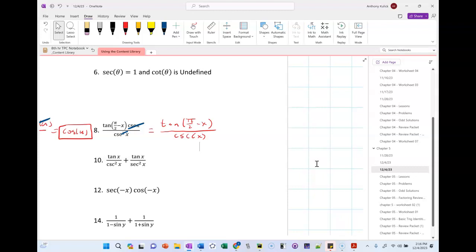So when I see a pi over 2 minus x, I'm going to start looking at the co-function identities, because that's going to allow me to replace that with just an x. So if you look at the co-function identities, do you see a good one that we could use here? C3. I think you probably mean C6, because we have tangent of pi over 2 minus x, which allows us to turn that into cotangent x.